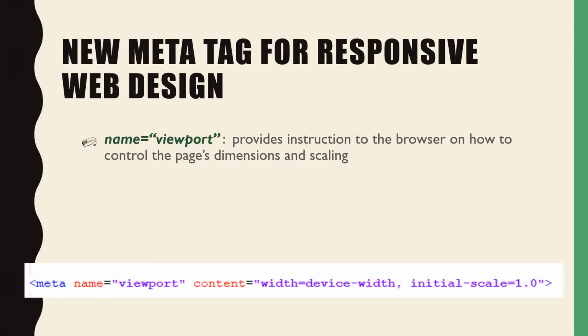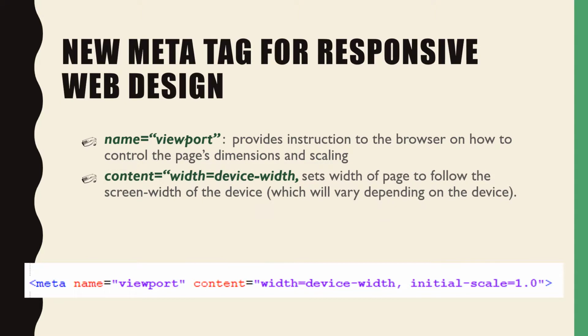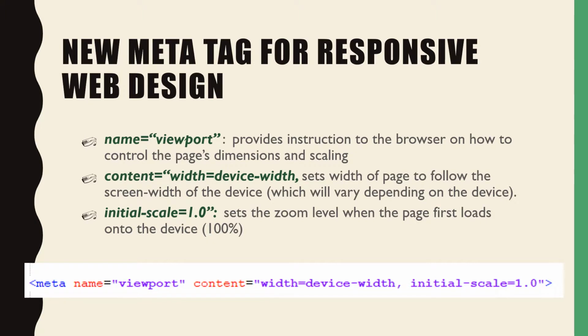Name equals viewport provides instruction to the browser on how to control the page's dimensions and scaling. Content equals width equals device-width sets the width of every page so that it follows the screen width of the device, which will depend on the device. And initial-scale equals 1 sets the zoom level when the page first loads onto the device at 100%.